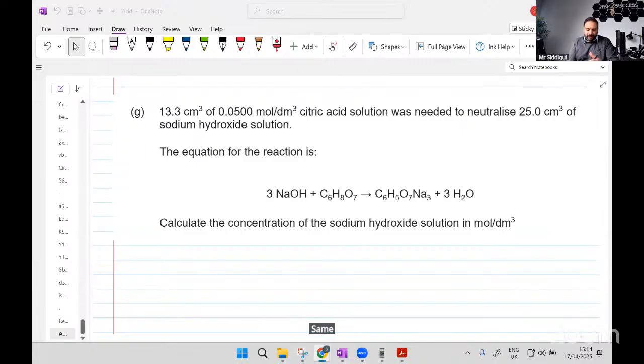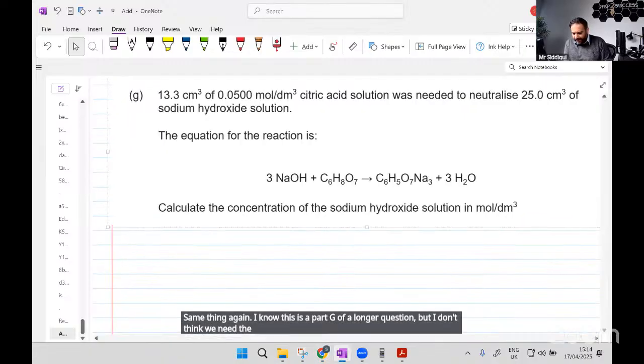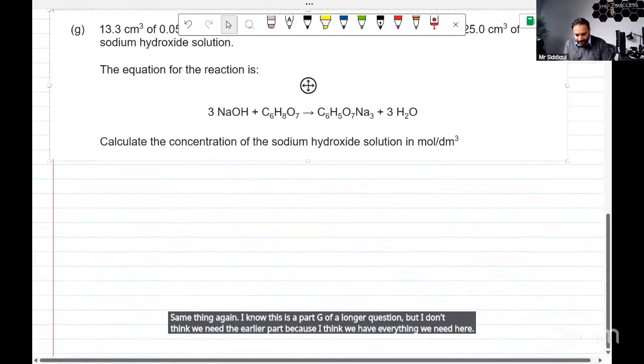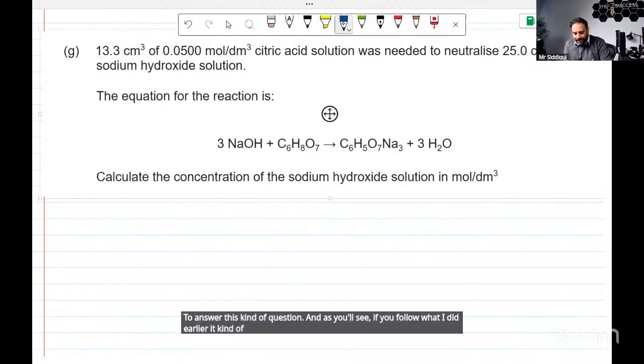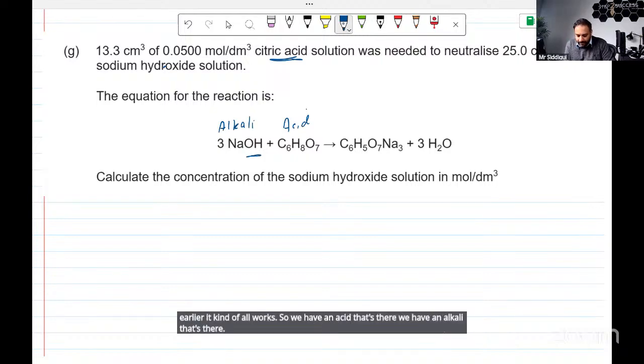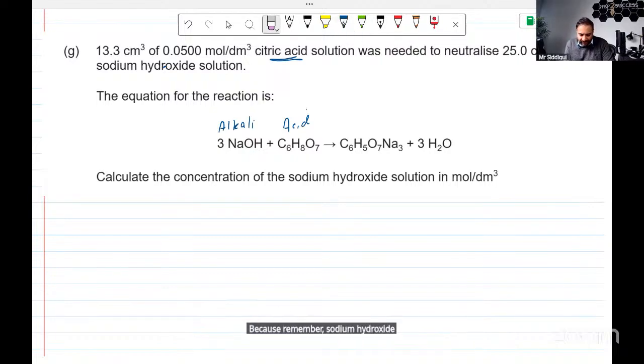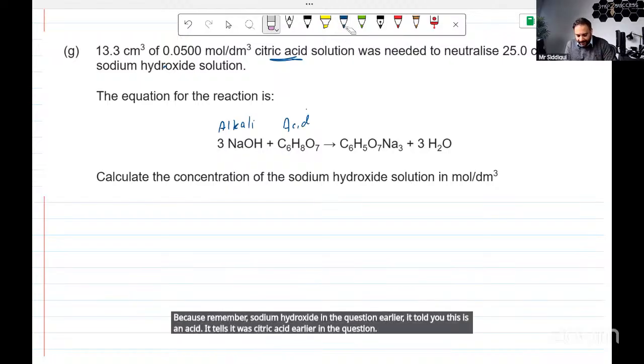I know this is a part G of a longer question, but I don't think we need the earlier part, because I think we have everything we need here to answer this kind of question. And as you'll see, if you follow what I did earlier, it kind of all works. So we have an acid, that's there. We have an alkali, that's there. Because remember, sodium hydroxide, in the question earlier, it told you this is an acid. It was citric acid earlier in the question. So that is the acid, that is the alkali.